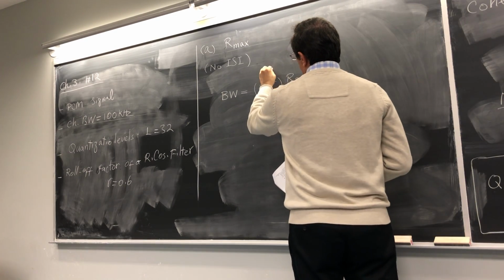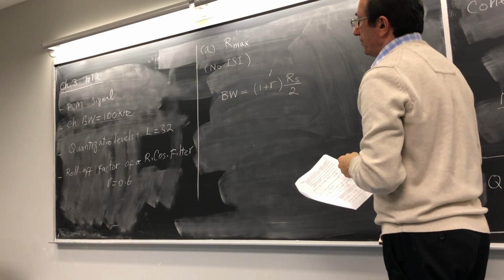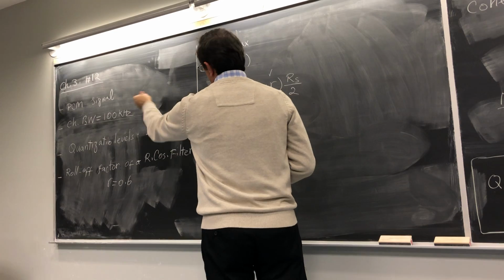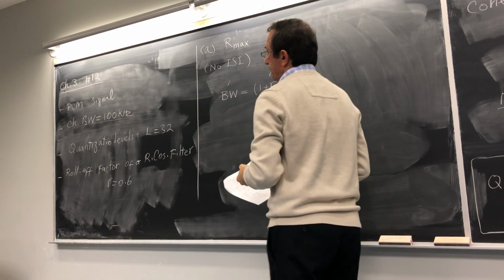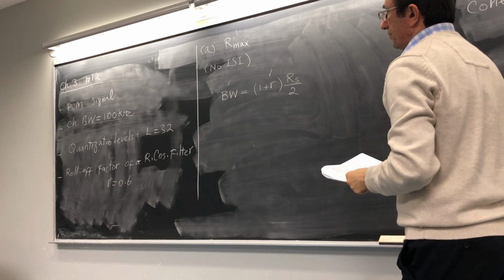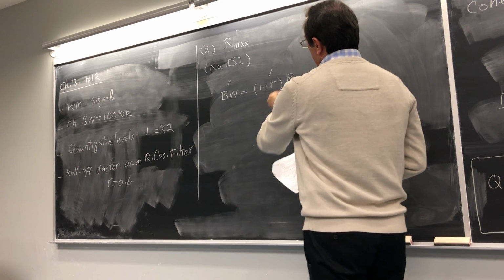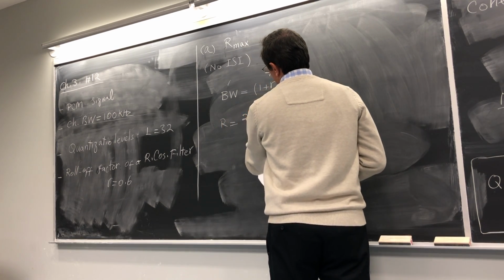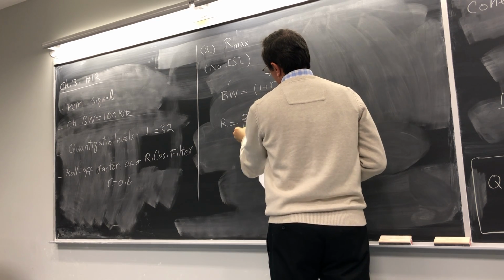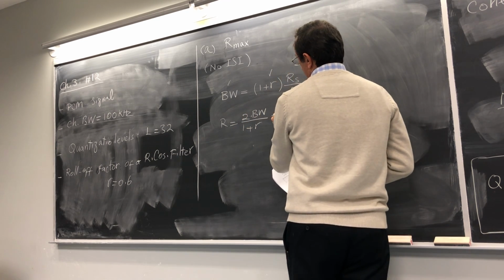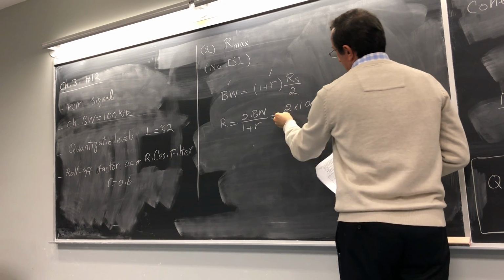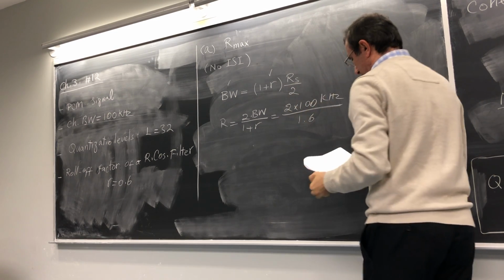The roll-off factor is given. And the bandwidth is also given. So Rs would be 2 times bandwidth over 1 plus R. This would be 2 times 100 kilohertz over 1.6.